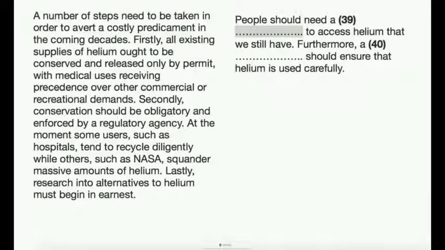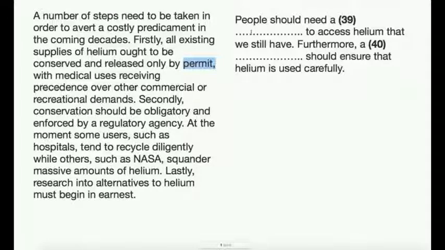But again, we can do another step just to double check this, because we can think again what word might need to go in here. Again, it's going to be a noun, a something to access helium. If we go through what nouns are in here, a helium, people need a helium to access helium. That makes no sense. We have permit, people should need a permit to access helium.